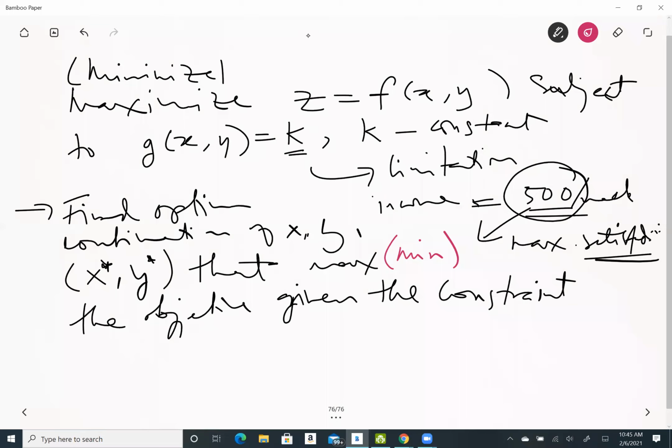We will combine the objective and the constraint into one function by introducing another variable, and that variable we call the multiplier. The function that you have at the end, we call the Lagrangian function.